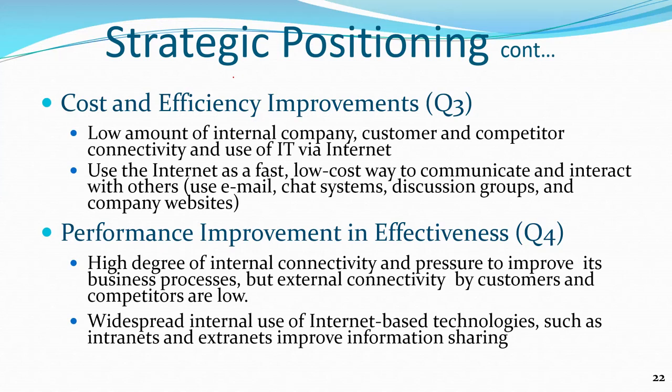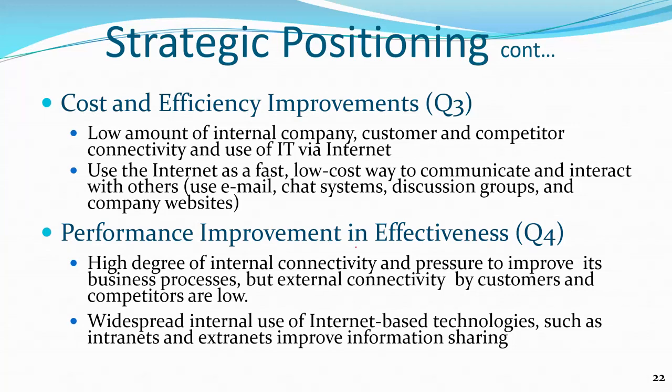And Q4, where the external drivers are low but the internal drivers are high, has a high degree of internal connectivity and pressure to improve its business processes, but external connectivity with customers and competitors is low. What you can do is widespread internal use of internet-based technologies, since internal drivers are high, such as intranets and extranets, to improve information sharing.